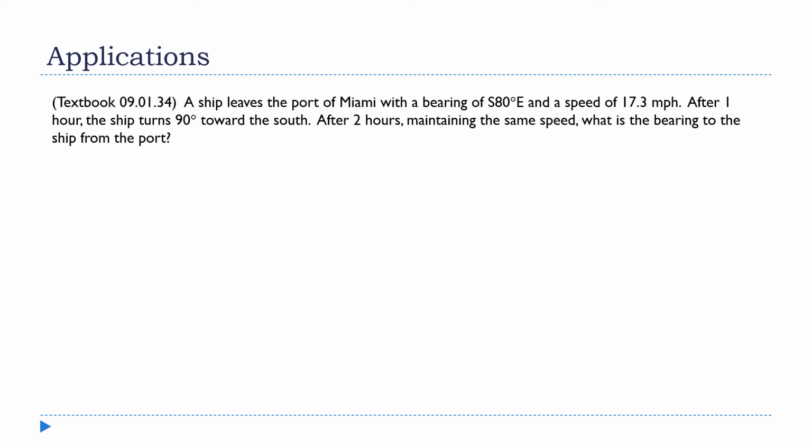Okay, so we have a new way of defining an angle here. It's called a bearing. It's this south 80 degrees east part. What this is saying is, we have Miami here, and south 80 degrees east is saying go south, look in the south direction, and then go around 80 degrees in the direction of east.